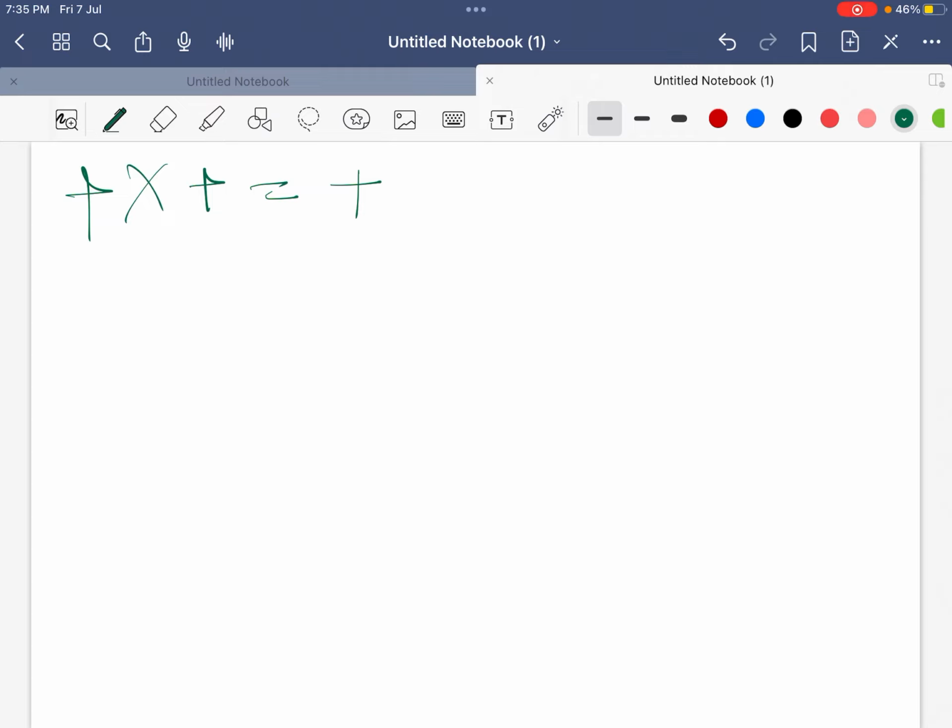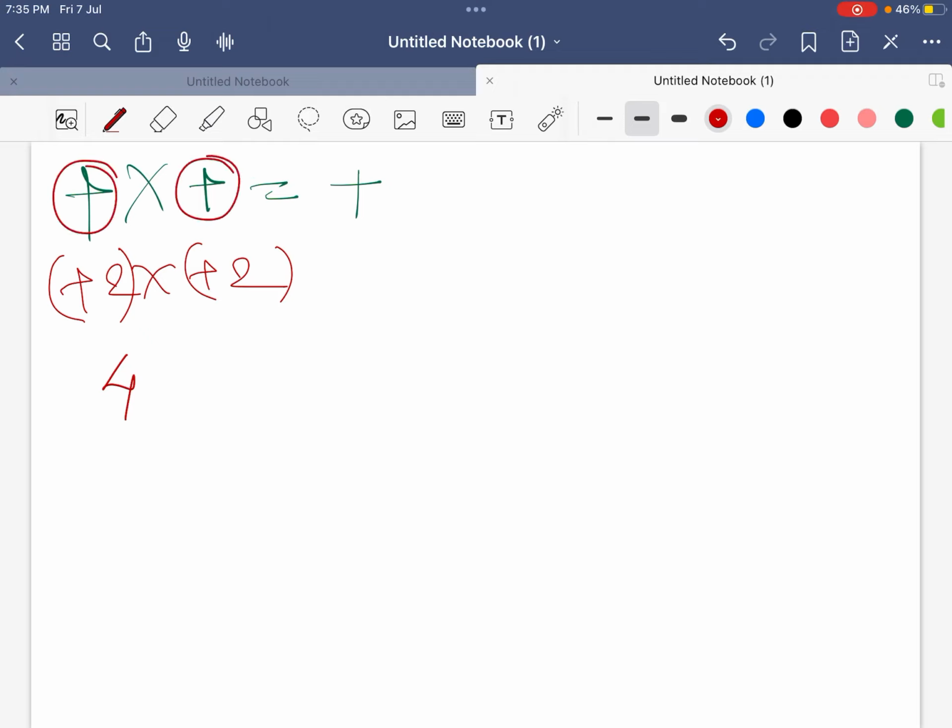Now if both the numbers are positive, take a simple example, plus 2 into plus 2. Write the number in a bracket so that we know. So 2 2s are 4. This is positive, the second term is also positive, then the answer is also positive. So you will get the answer which is equal to 4.